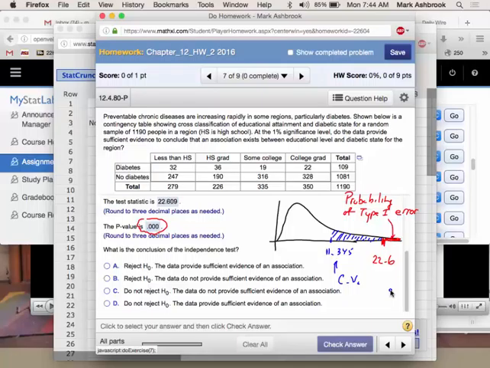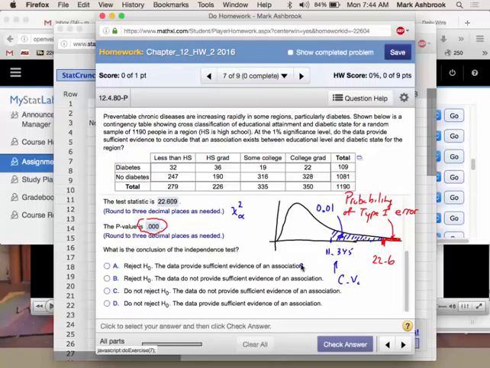How much area is that? Remember, what does it say at the top of the thing? Doesn't it say chi-squared alpha? Is that what it says? At the top of your chart? So what area is this? 1%. 0.01. That's what alpha is.